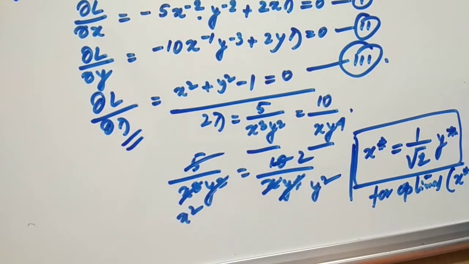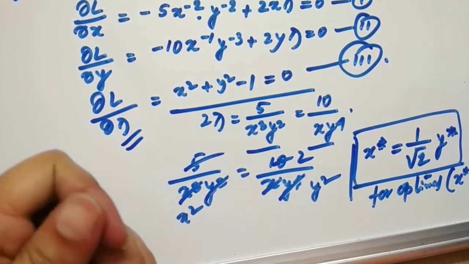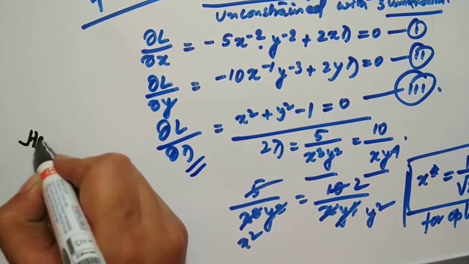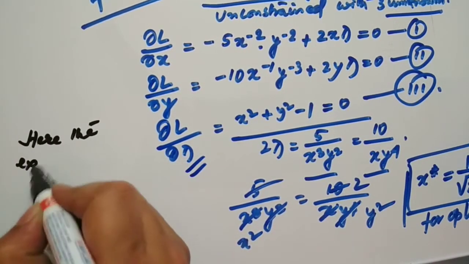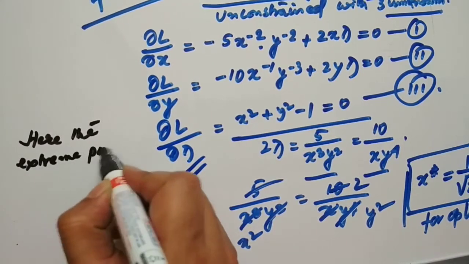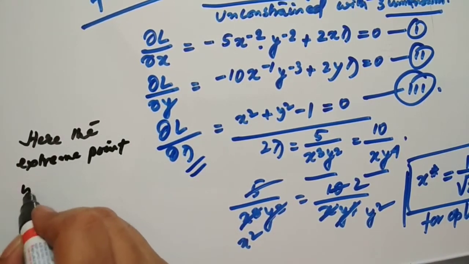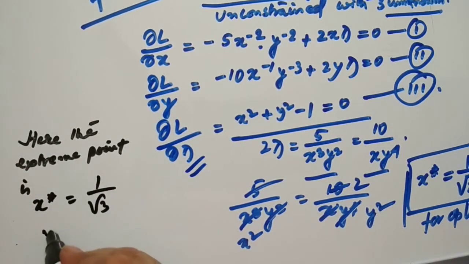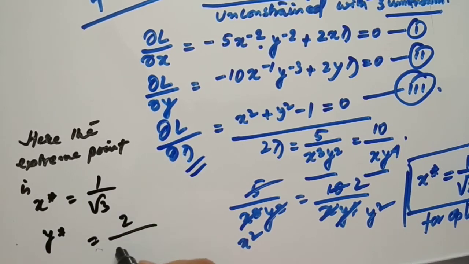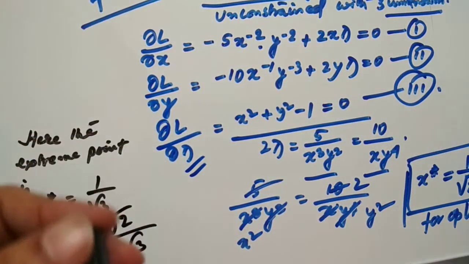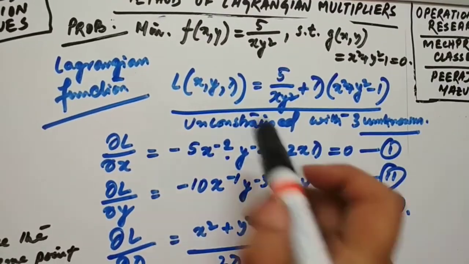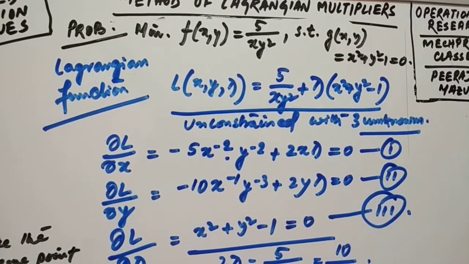Okay, now the extreme point will be x star is given by 1 by root 3 and y star is given by root 2 by root 3. So you can see we have solved this particular problem of minimization with the help of Lagrangian multipliers.